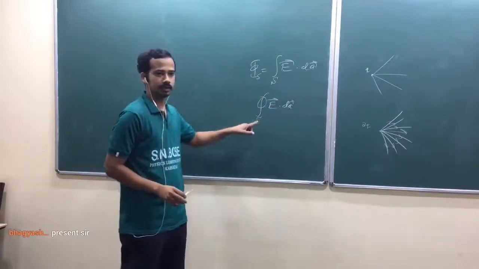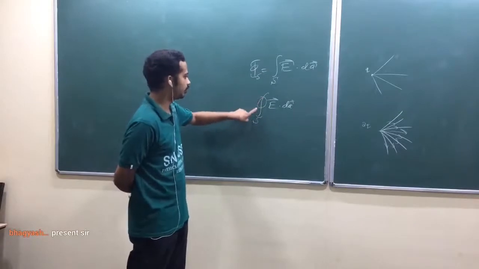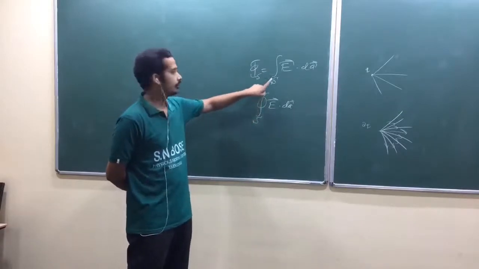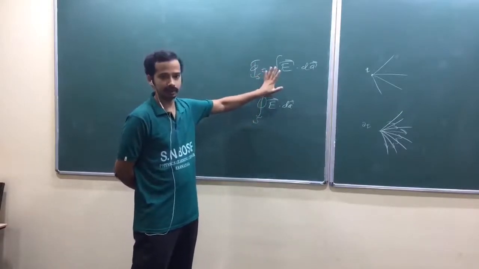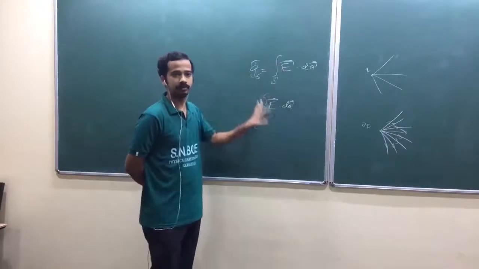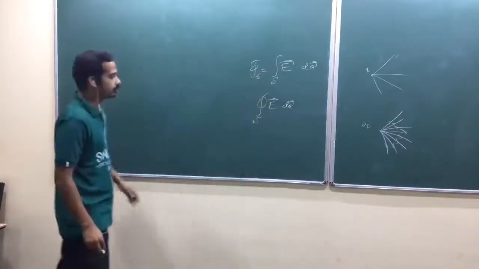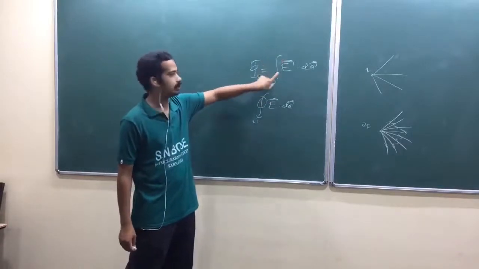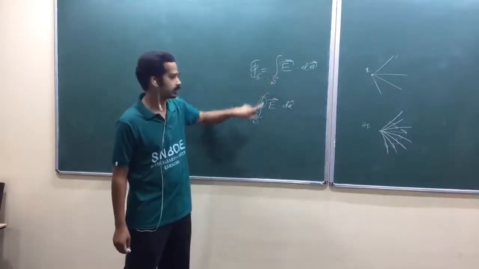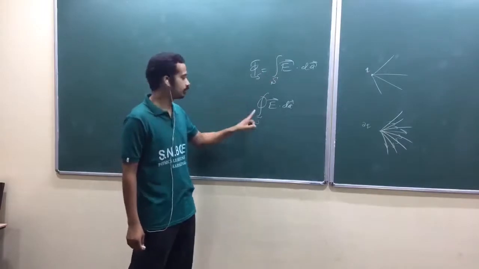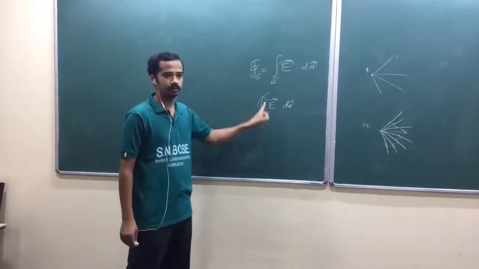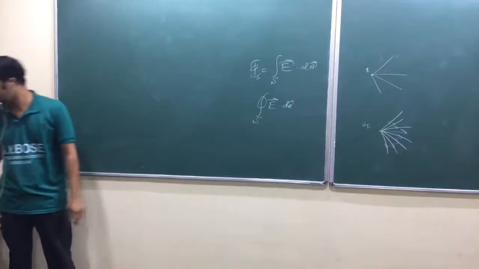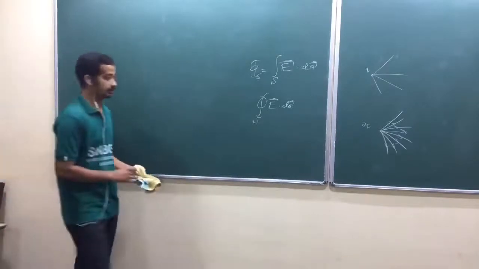Is that okay? For a closed surface, you have to put one more circle on the integral. For an open surface, you have to leave it as it is. That is the accepted notation. So don't make any mistake. If the surface is open, don't unnecessarily encircle it. If the surface is closed, don't forget to do that. Okay. Be careful.